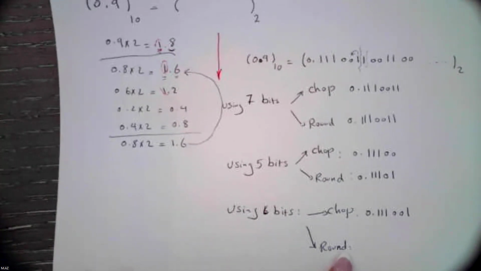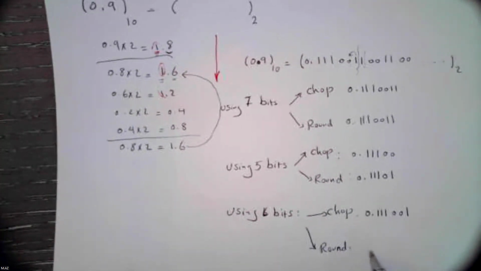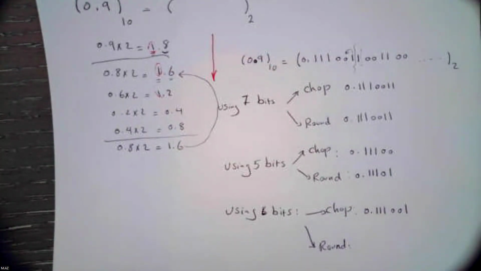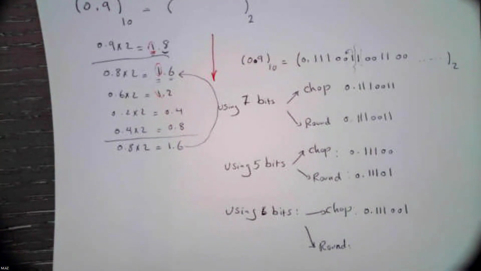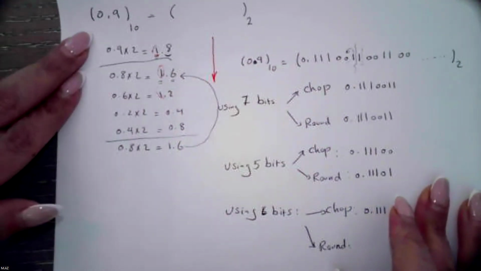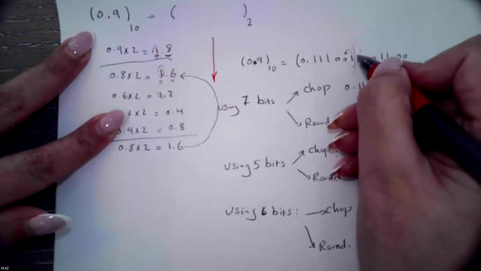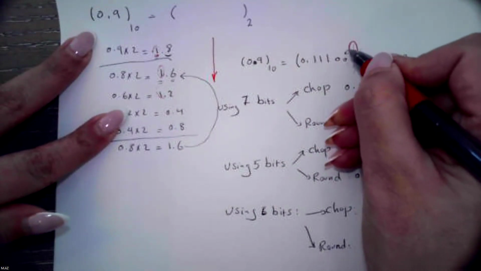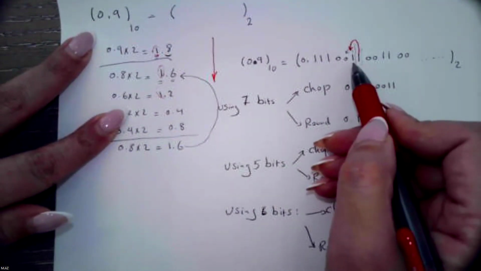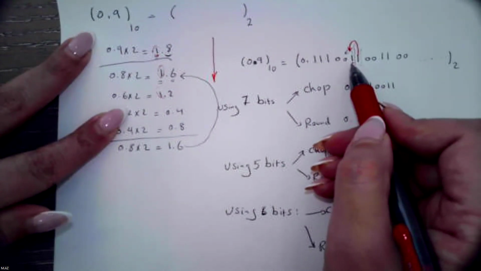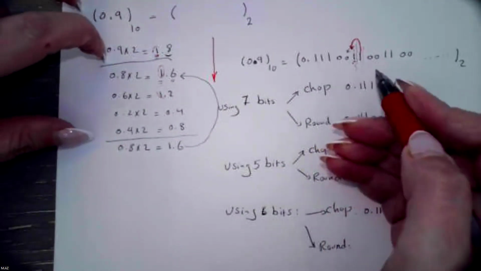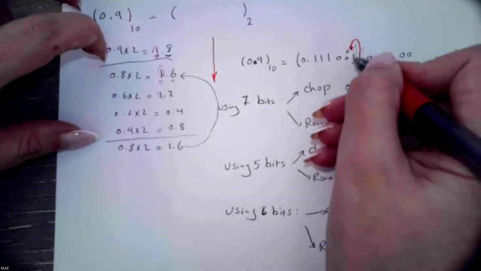But how about the round? We learned that for the rounding, we have to look at the number after this place, okay? What is the number after the 6th bit? It is 1. We should bring it here. As you can see, the bits up to bit 6 are full of 1, okay? And we cannot store it.